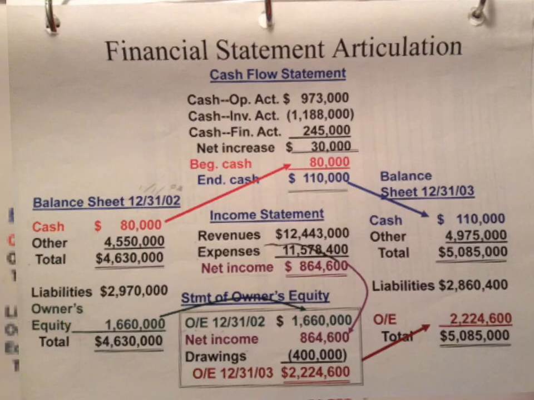That's where it starts. We have it dated as of 12/31/02 or 2002, but it's also the beginning of the new fiscal or financial year. So it will be 1/1/03 as well. Okay? So it started the operations. So if you can see, here's your income statement for the year 2003.